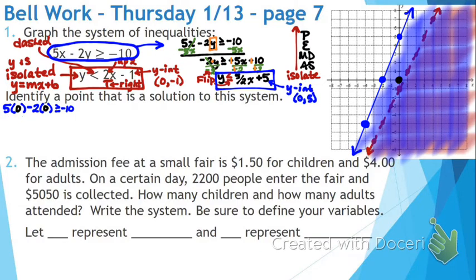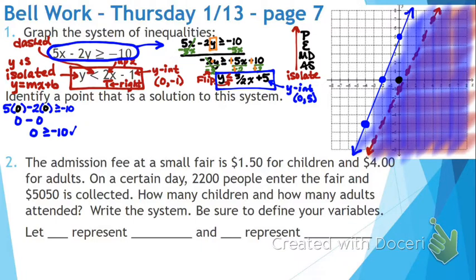What's 5 times 0? What's 2 times 0? What's 0 minus 0? So I get 0 is greater than negative 10. Greater than means that it's to the right on the number line. Is 0 to the right on the number line from negative 10? Yeah. So that means I definitely wanted to shade where 0, 0 was for the blue line.